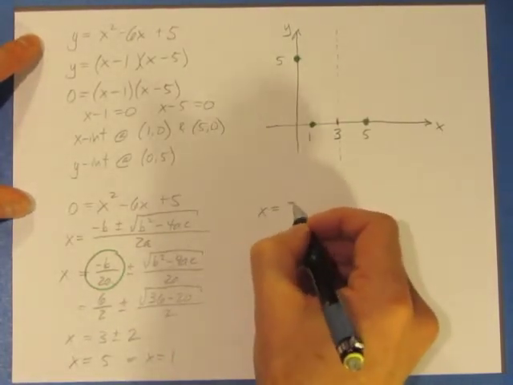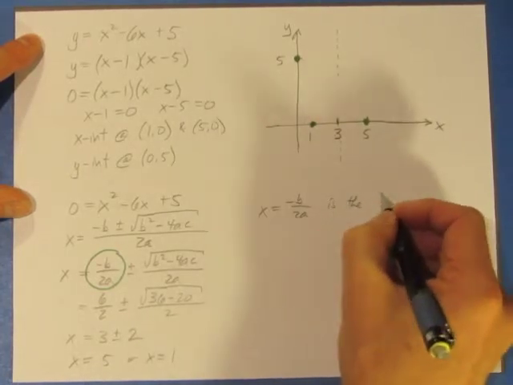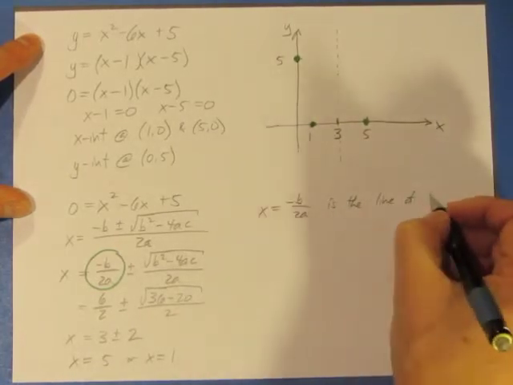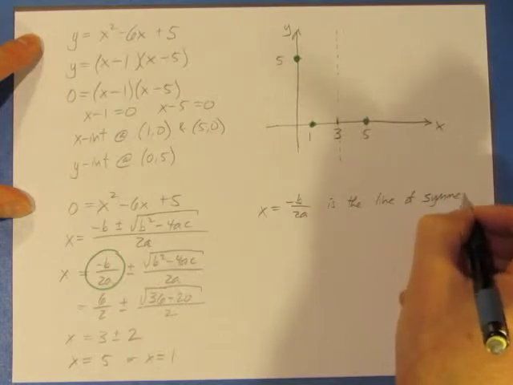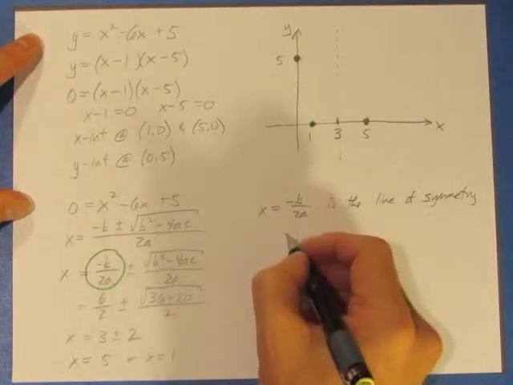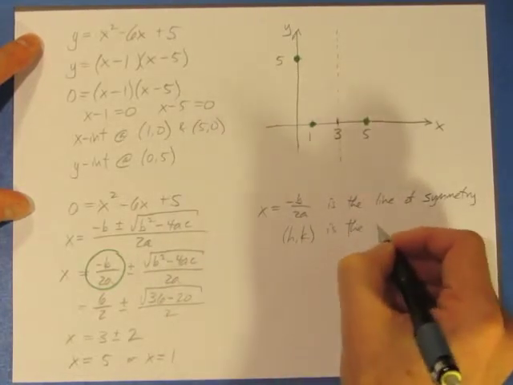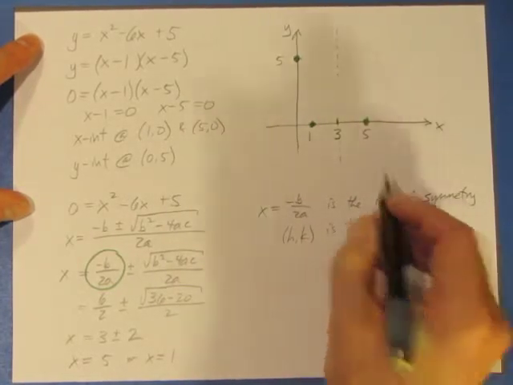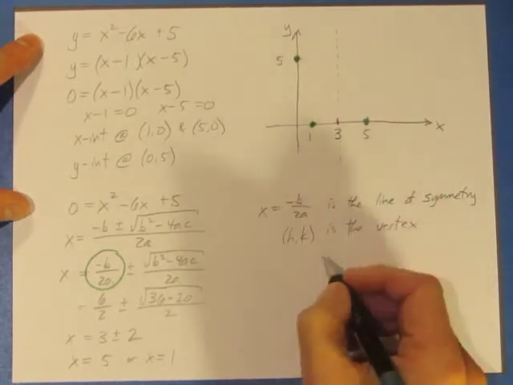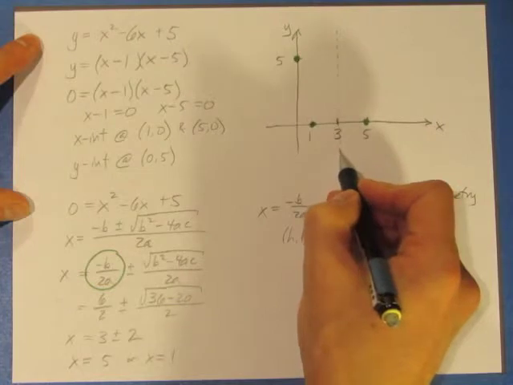X equals negative b over 2a is the line of symmetry. Always going to happen. And since we know that hk is the vertex, and we know our vertex is on the line of symmetry somewhere, then our vertex must have that as its x-coordinate.